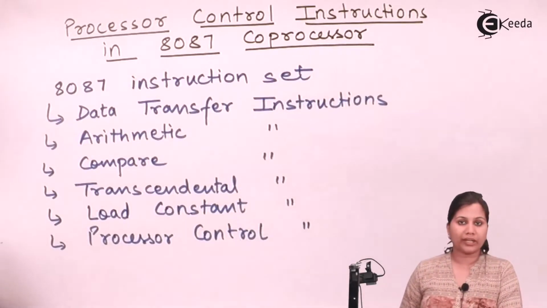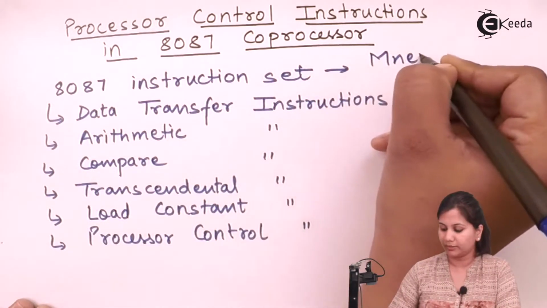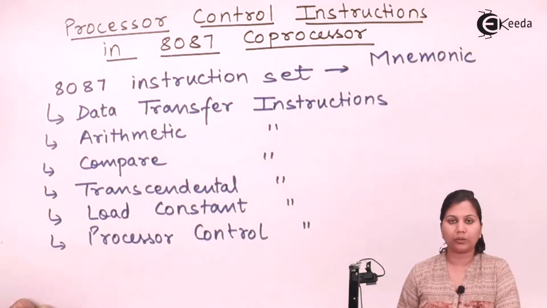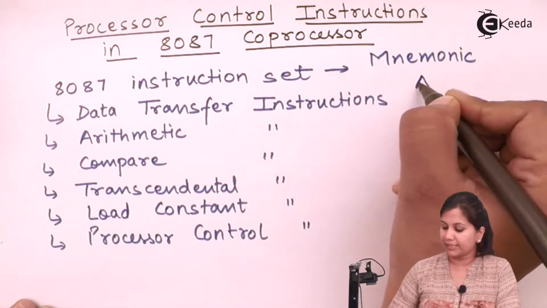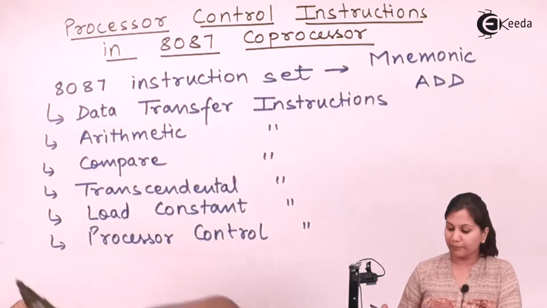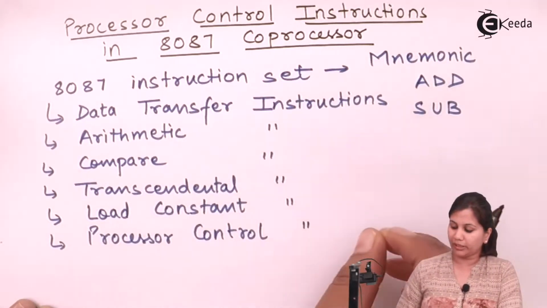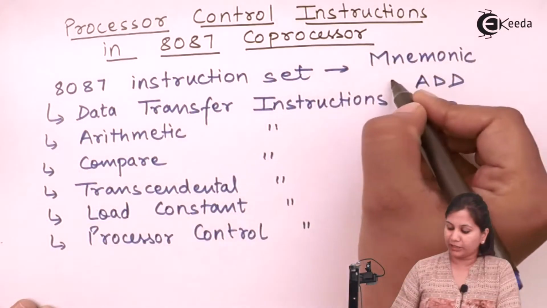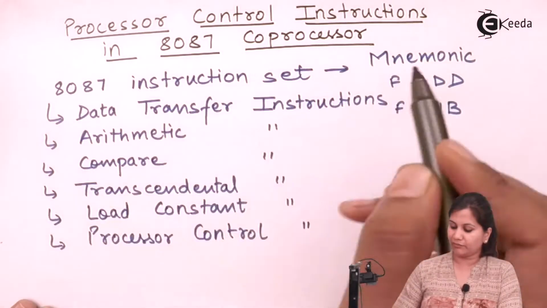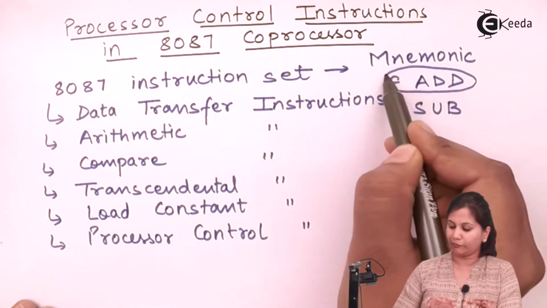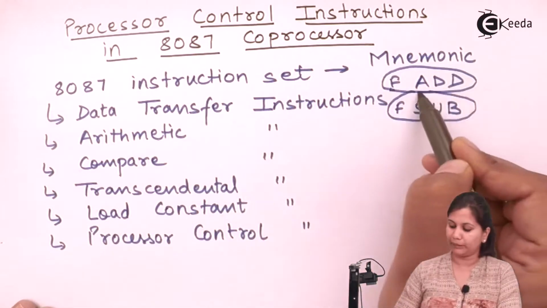Now each instruction of the 8087 has its mnemonic. Mnemonic means, like for addition the mnemonic is ADD, for subtraction the mnemonic is SUB. Each mnemonic is prefixed with the alphabet F. So in the 8087, the mnemonic for addition is FADD, and for subtraction FSUB.